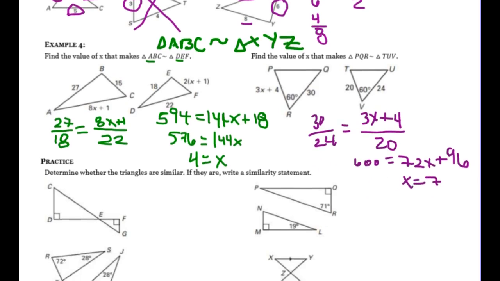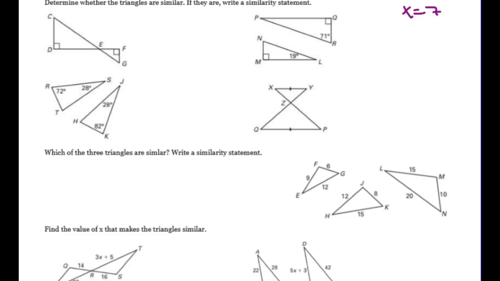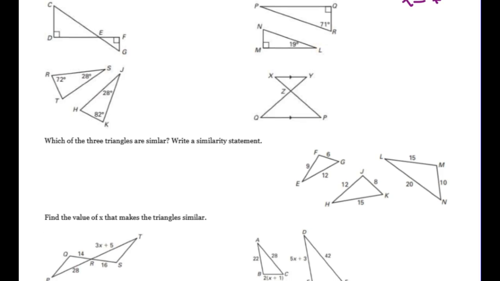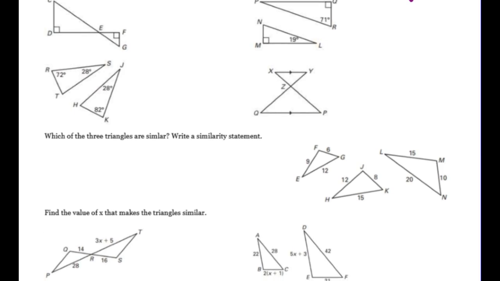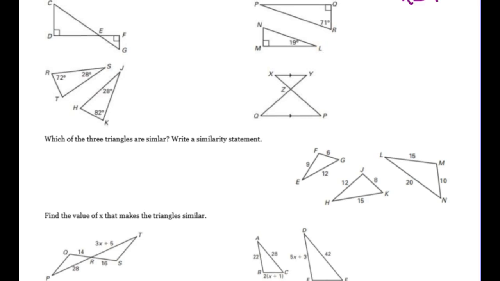All right, so let's take a look at some of these practice problems. Do them the best you can, come back and check your answers, and use that to guide your questions.